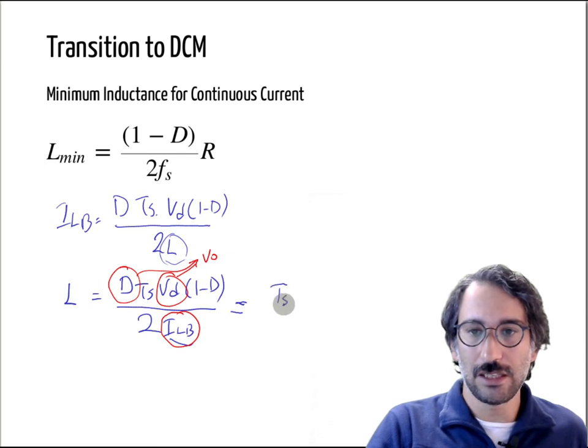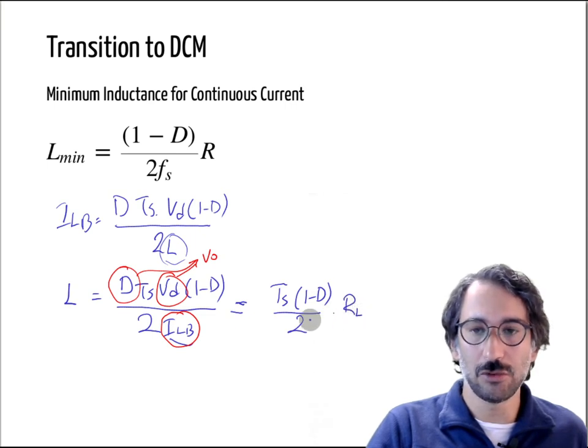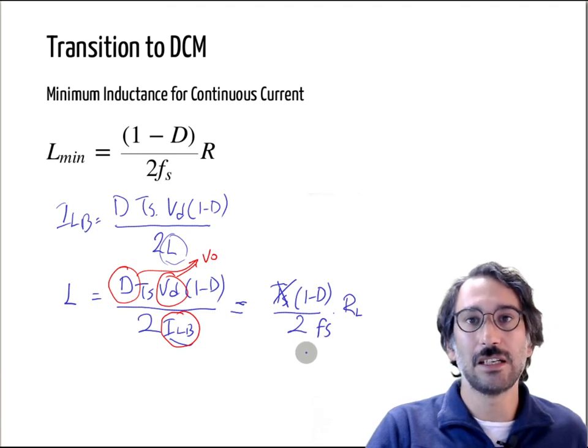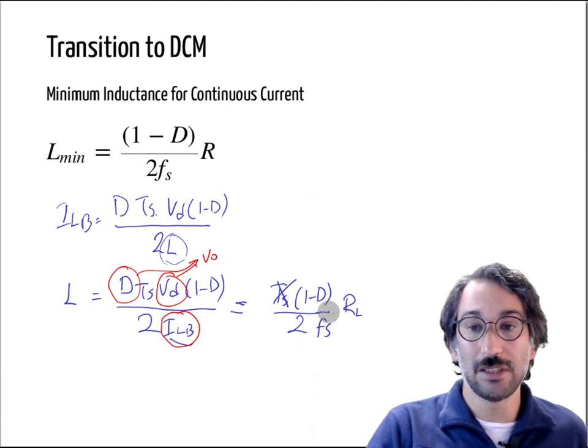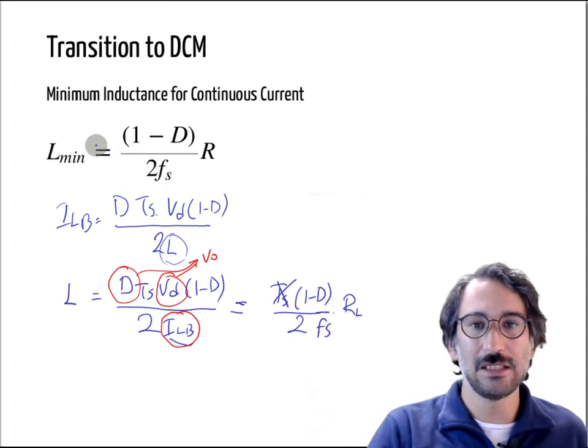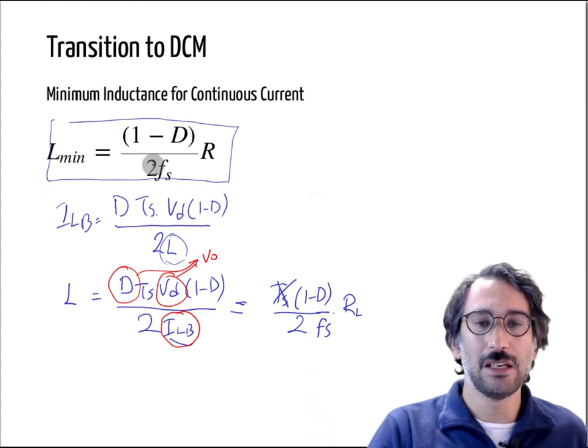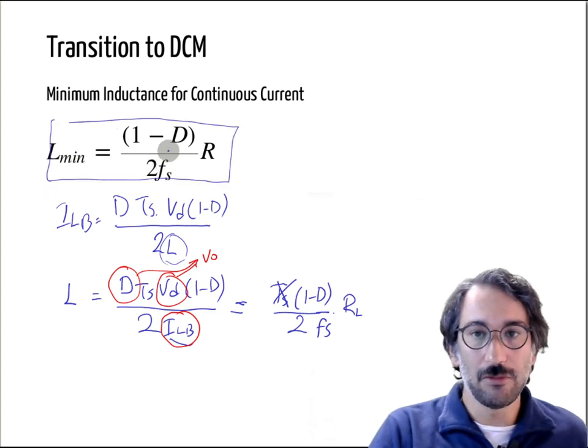So it is TS times 1 minus D divided by 2 times RL, the output load. Instead of TS, I can write 1 over Fs. So it is 1 minus D divided by 2 Fs RL. So this is the minimum inductance that you need to have for continuous current.